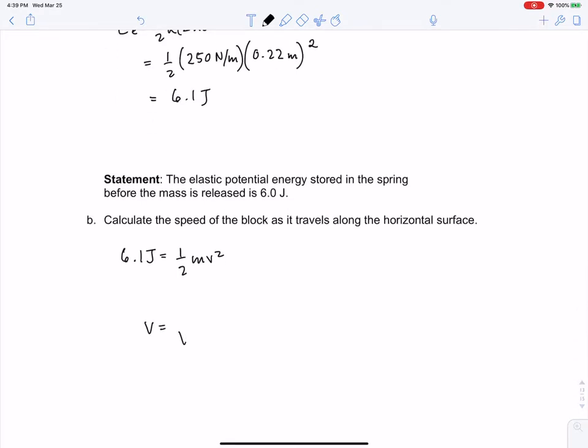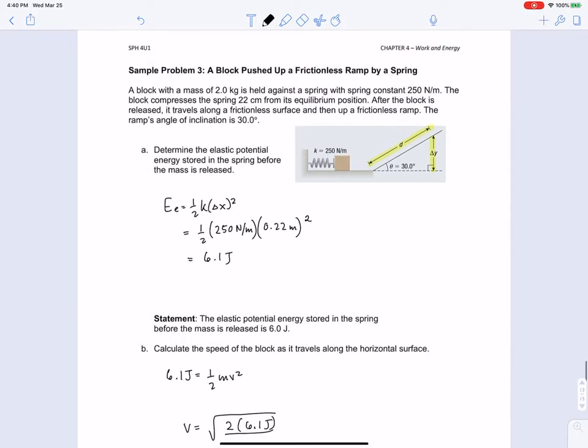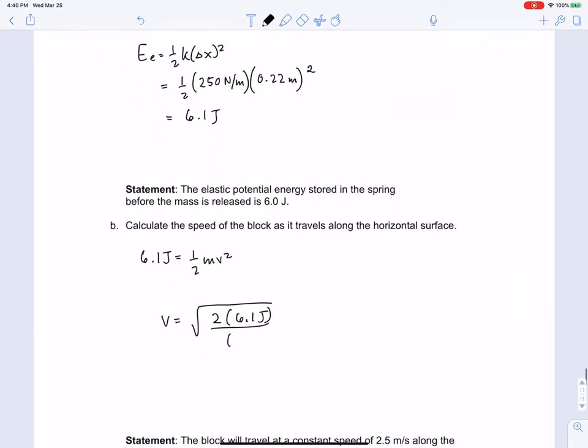We can solve for the speed. The mass in this question is 2 kilograms. So if we plug this in, we end up with a speed of 2.5 meters per second. The second energy transformation is going to take this kinetic energy and put it into gravitational potential energy as it slides up the ramp.